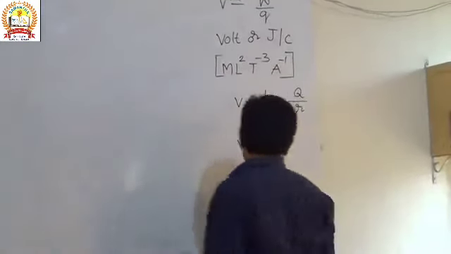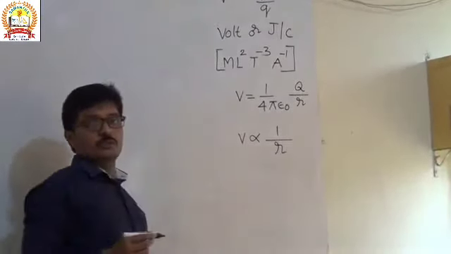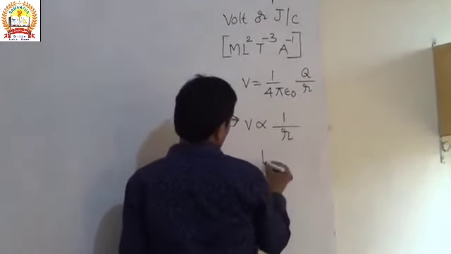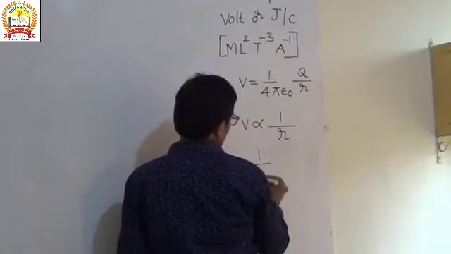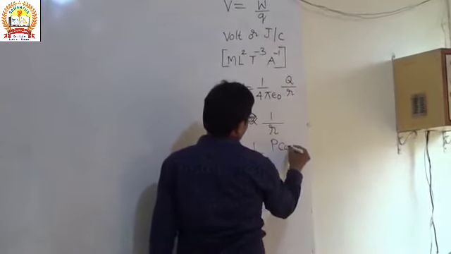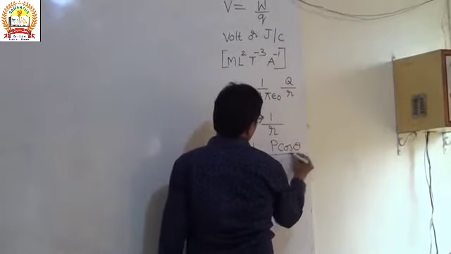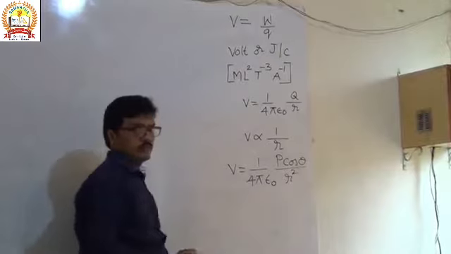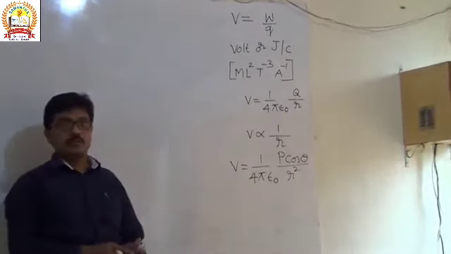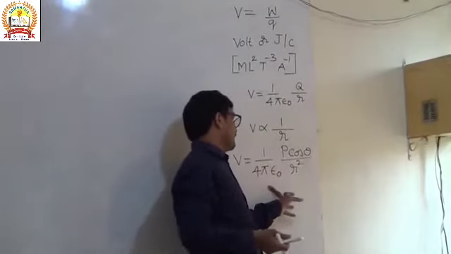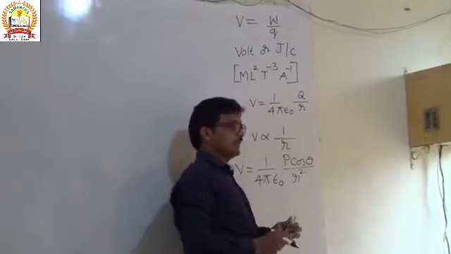Then the electric potential due to a dipole, V equals 1 by 4 pi epsilon naught P cos theta divided by R square, for a short dipole.